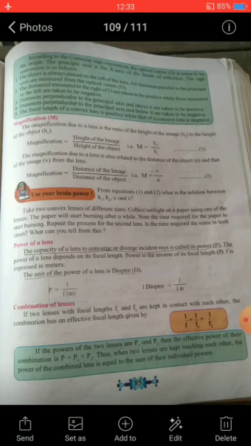By this formula you can calculate the focal length of the combined lenses. If the powers of the two lenses are P1 and P2, then the effective power of their combination is P is equal to P1 plus P2. Thus, when two lenses are kept touching each other, the power of the combined lens is equal to the sum of their individual powers.